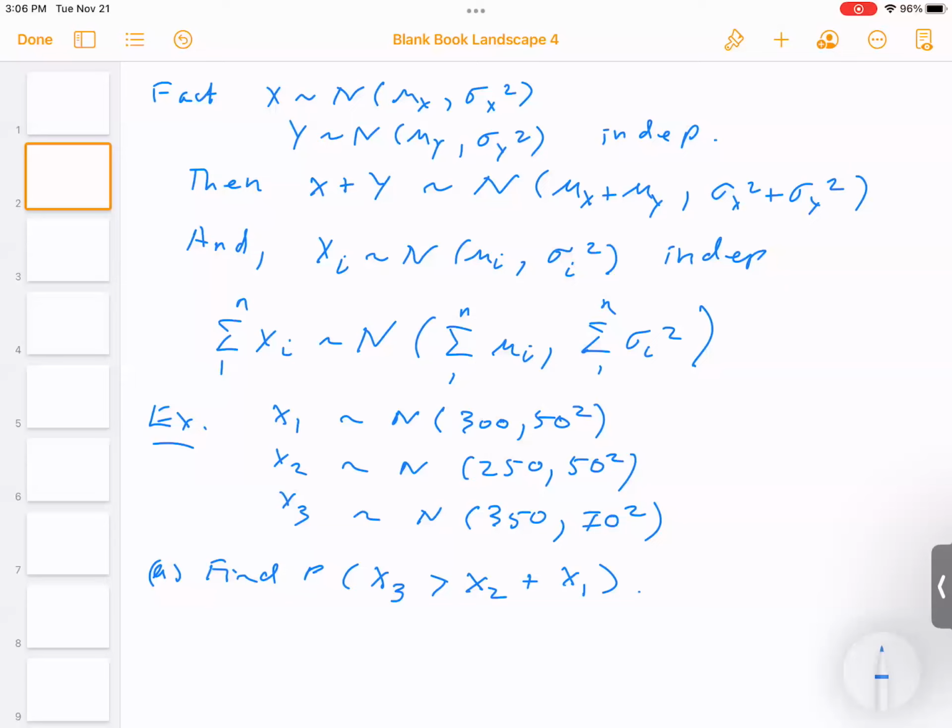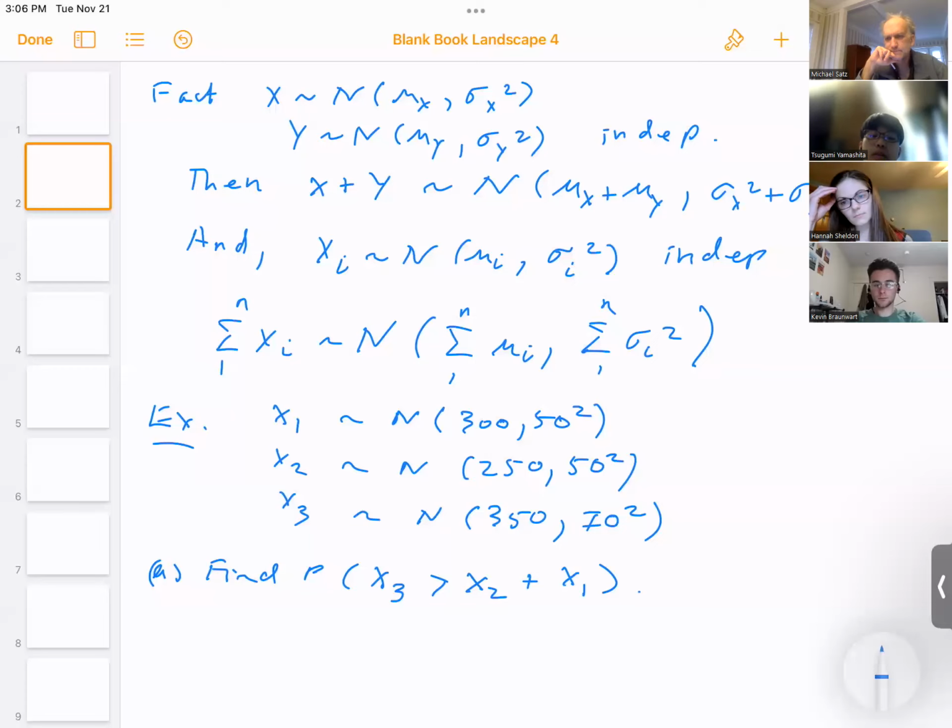So, you see, it is possible. Does anybody want to say what to do? Add them up, add the first two, and then do the normal. X2 and X1 are normal again. And then I can subtract from X3.